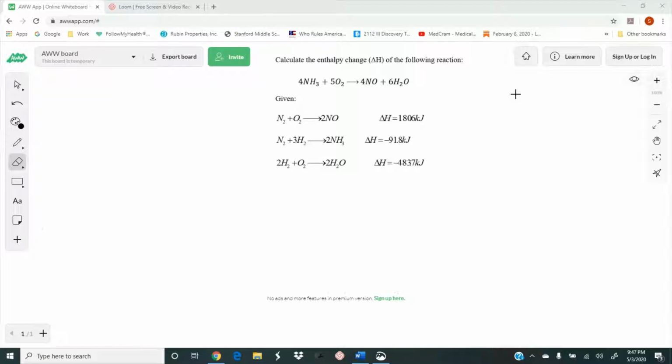And this problem here is giving you three equations that are supposed to help you. A lot of times you'll find two, but sometimes three, sometimes four, really depends. Remember, the whole idea in Hess's law is you want to add these up so that they give you this. Now, most of the time, they don't just add up directly and give you this, right?